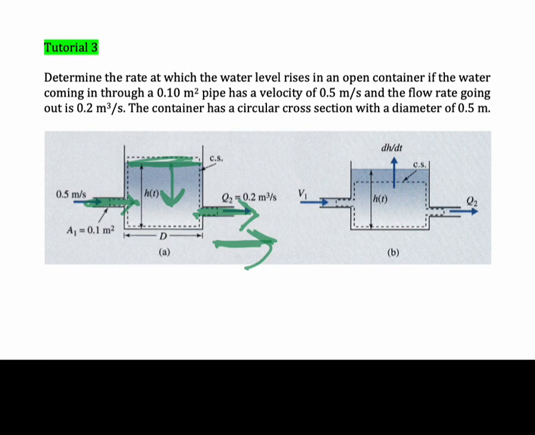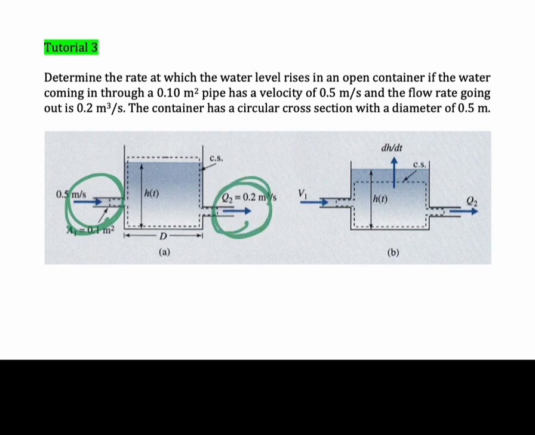But in another situation, if the flow rate at the inlet is very high but the flow rate at the outlet is very low, the amount of fluid inside the tank will increase. So the basic idea, without the Reynolds transport theorem, is you just calculate the volume flow rate for the inlet and the volume flow rate at the outlet.